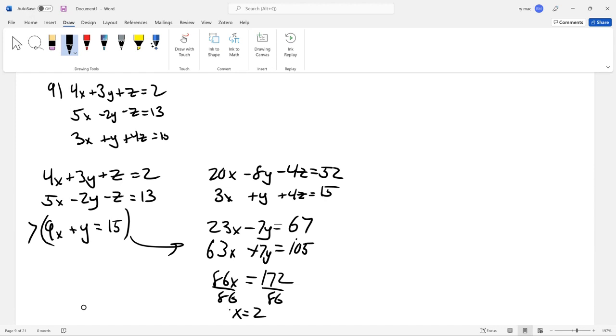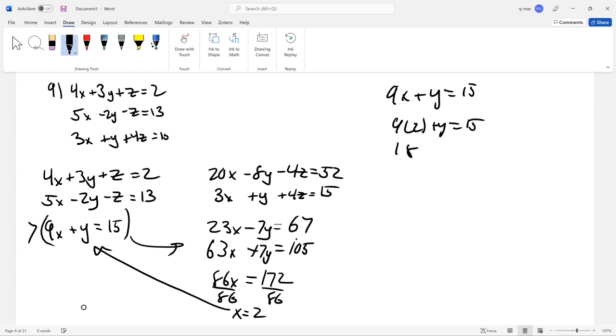So now I'm just going to plug back into this equation to solve for y. So 9x plus y is equal to 15. So 9 times 2 plus y is equal to 15. So 18 plus y, minus 18 on both sides. I get that y is equal to -3. And then for my last one, I think the easiest in my mind to plug into is this middle one here.